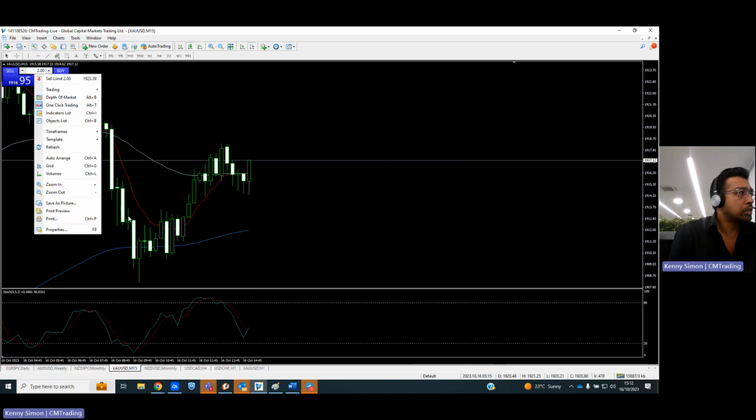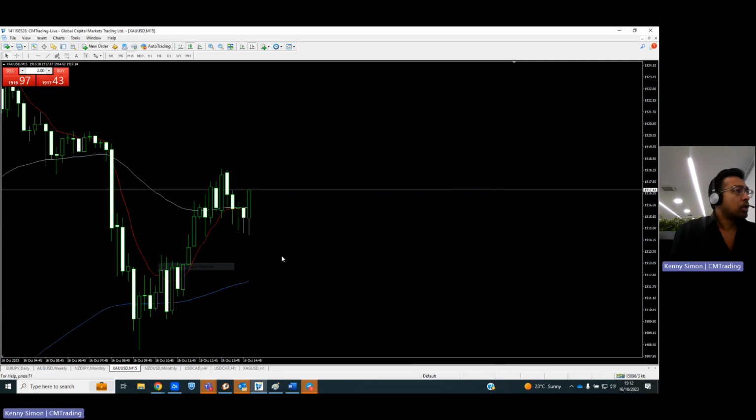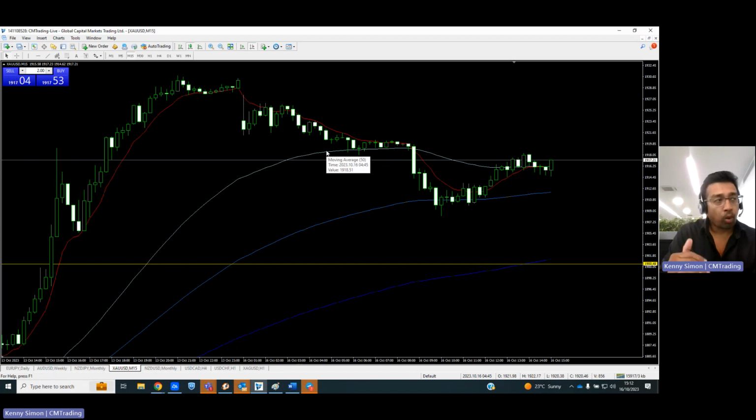But what we need to do is firstly apply, just a second, let me just get rid of this, apply the three EMA lines as you can see on my screen. On the screen itself, I've got 50, 100, and 200 EMA. EMA stands for the exponential moving average. So all you need to do is insert one by one the 50 right here, 100 and 200.